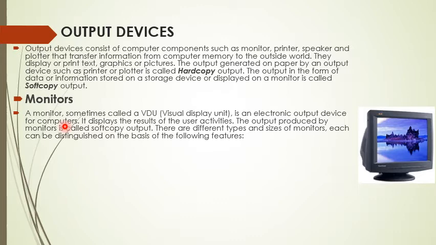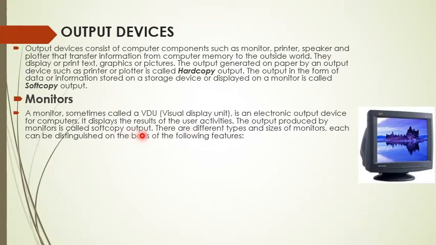Most computers have this output device, which is a monitor or maybe an LCD. Some computers have an LCD or monitor. We will discuss later the difference between monitor and LCD. It displays the result of the user's activities, and the output produced by a monitor is called a soft copy output.